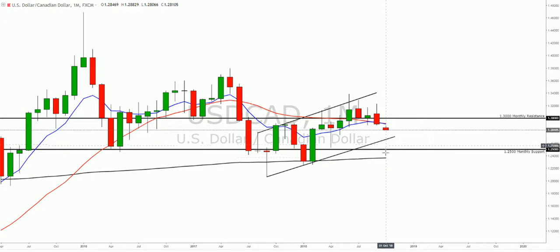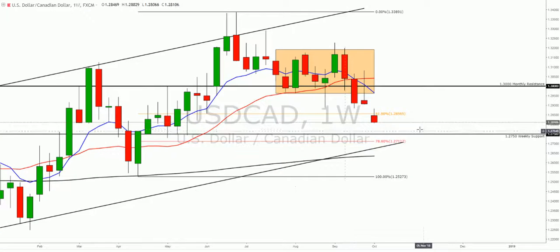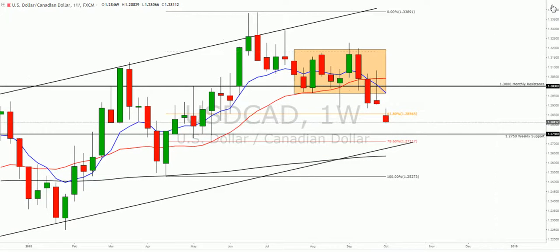That is quite a way to go down. As I did say, the dollar was looking quite strong currently, but you have to remember the correlations in the market. The Canadian dollar hinges very much on the price of oil.